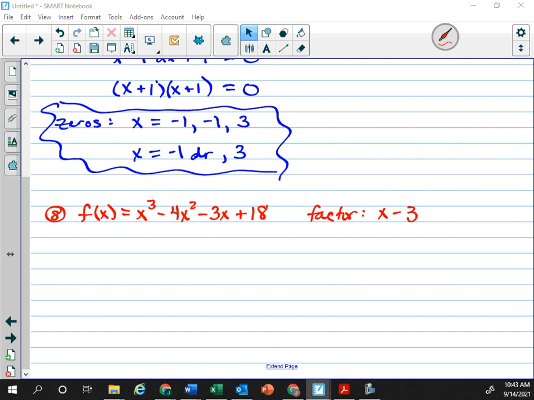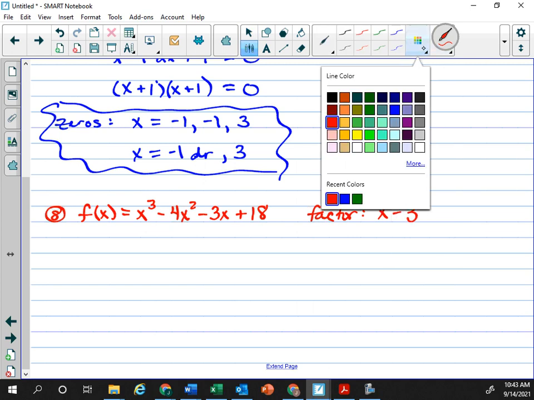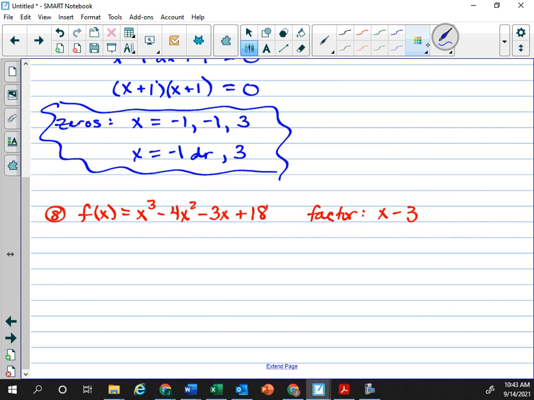Chat with your neighbor, see if you got the same zeros. Hearing a few disagreements. Not angry disagreements.